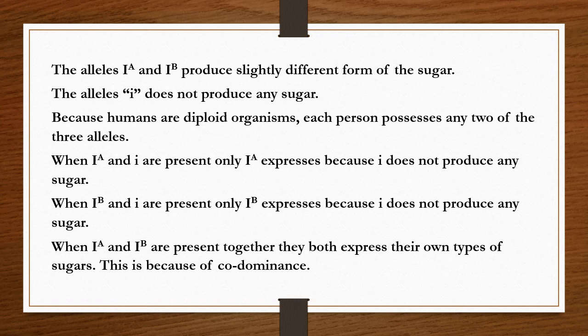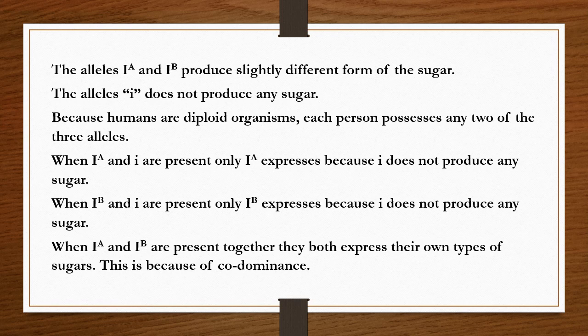They differ slightly, but both produce sugar polymers. But the third allele, small i, does not produce any sugar. Humans are diploid organisms, that's why the person possesses any two of the three alleles.